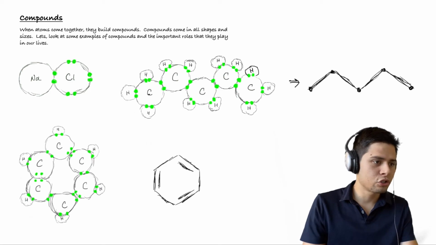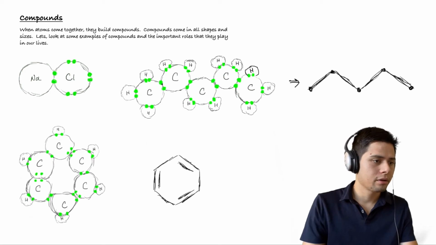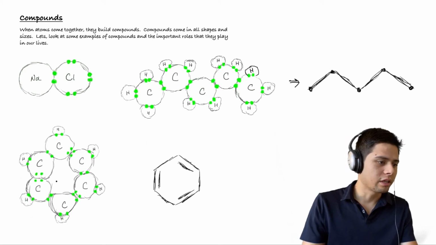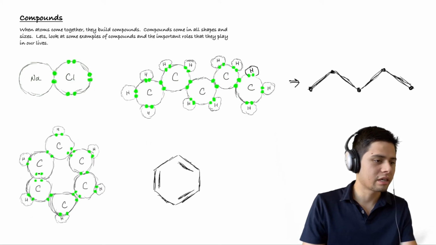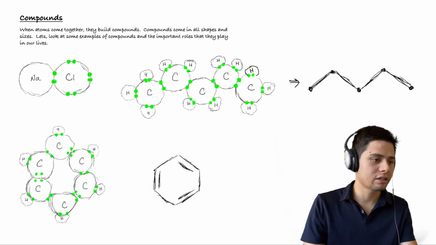So instead of 2 electrons being shared, we have 4 electrons being shared between 2 atoms. When there's 4 electrons being shared, we could say that's 2 pairs or 4 electrons. And that's what a double bond is, where there's 4 electrons involved in the bond. Here we have 4 electrons involved in the bond, and here we have 4 electrons involved in the bond.